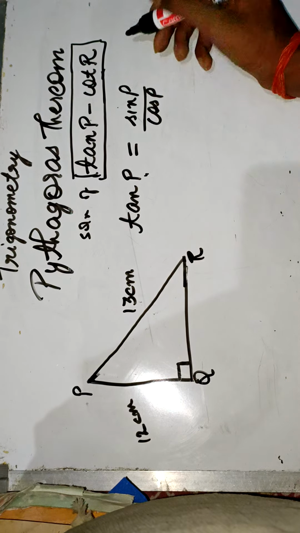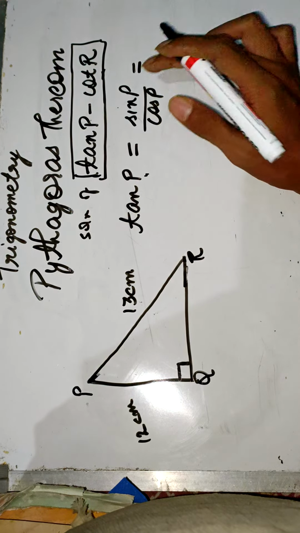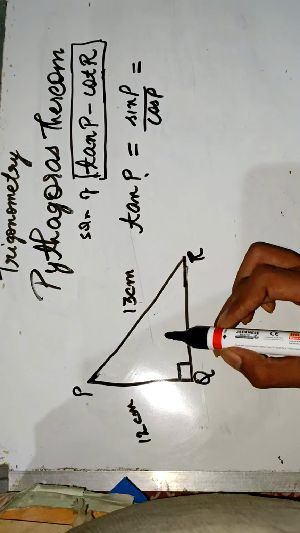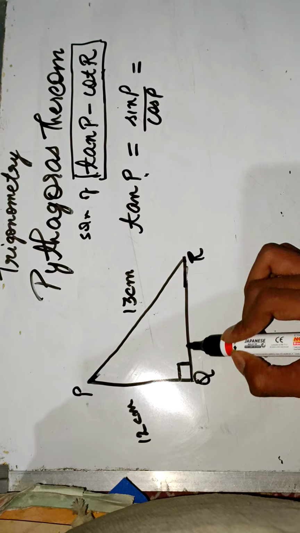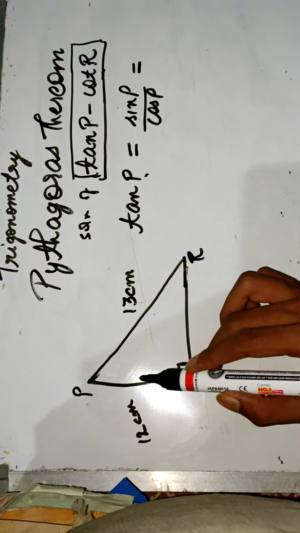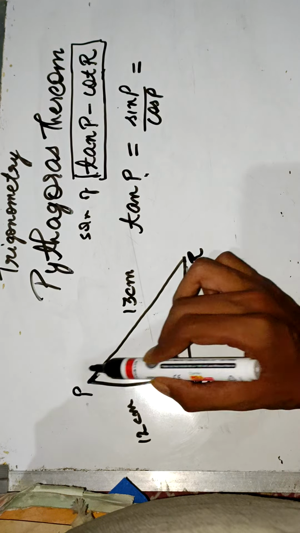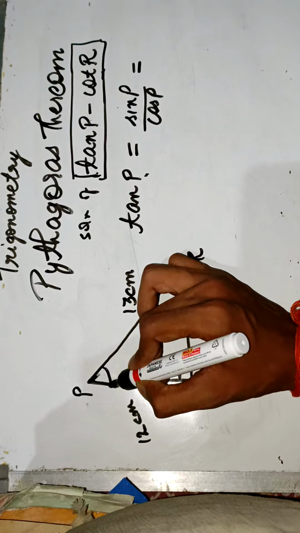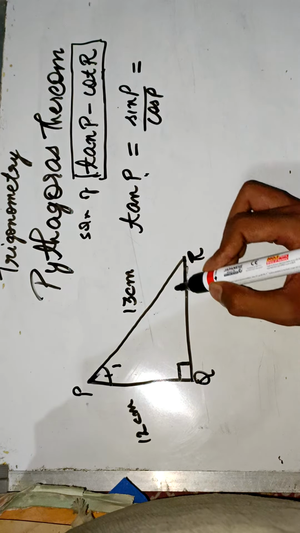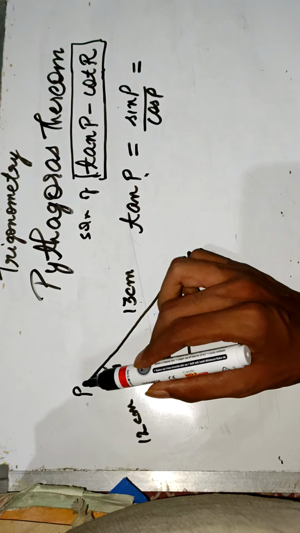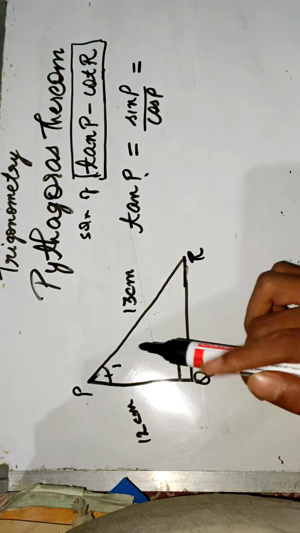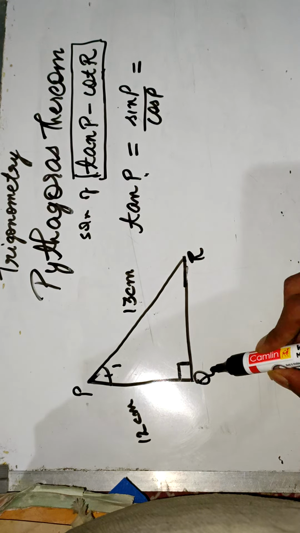According to that, what is sin P? Sin P is the ratio of the side which is opposite to the angle. Which angle is it? This is the angle that we are taking here, this is the P. The side which is opposite to the angle P is QR.